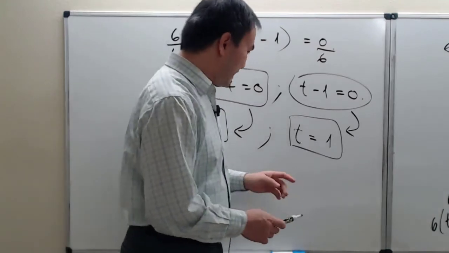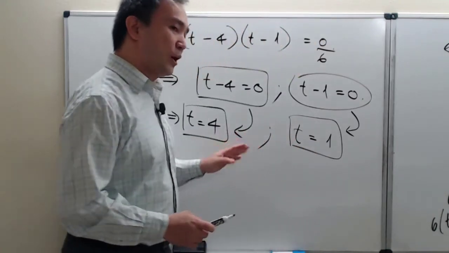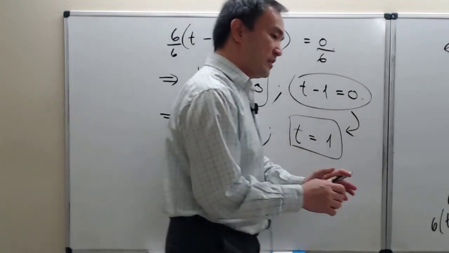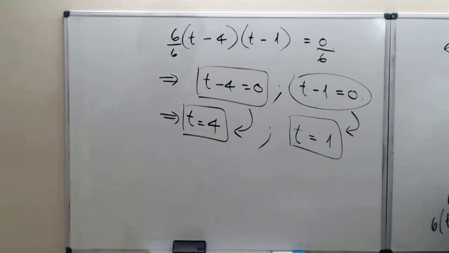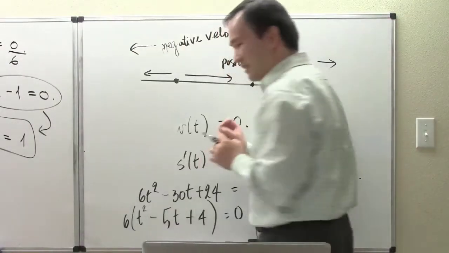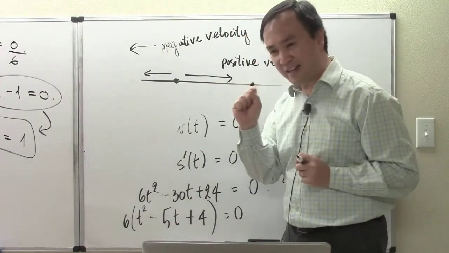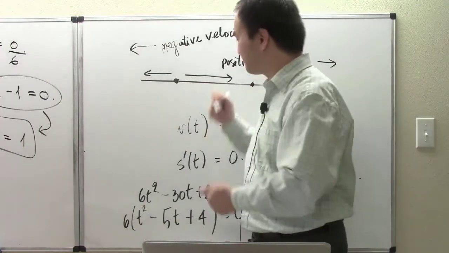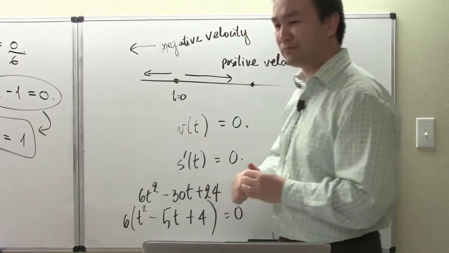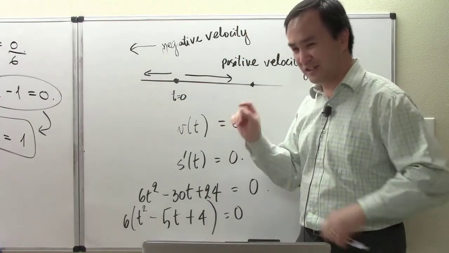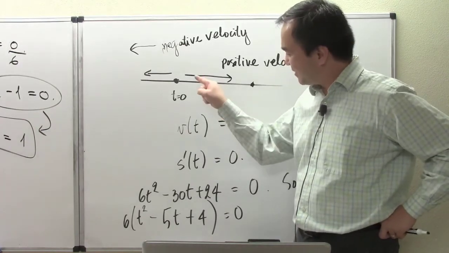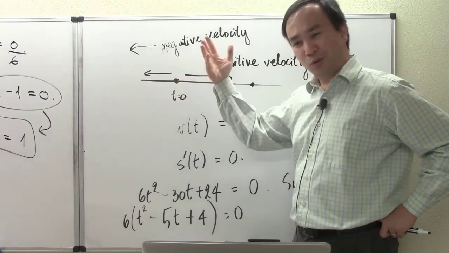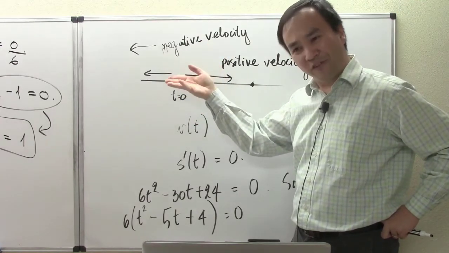As far as the order of time right here, this instant came first. So think about how it happened. Combined with the understanding from part A, when t is equal to 0, on this chart, I'm not saying this is a graph, it's just a picture describing the situation, the particle was moving at positive 24 feet per second.